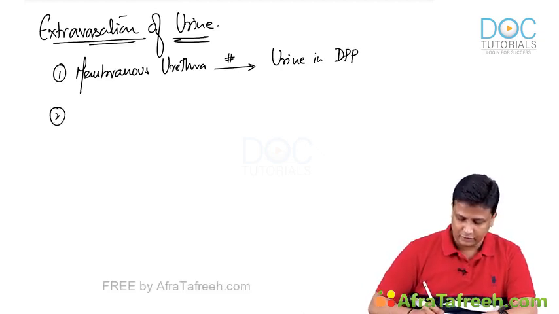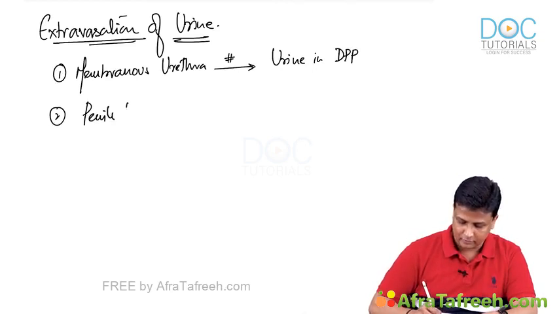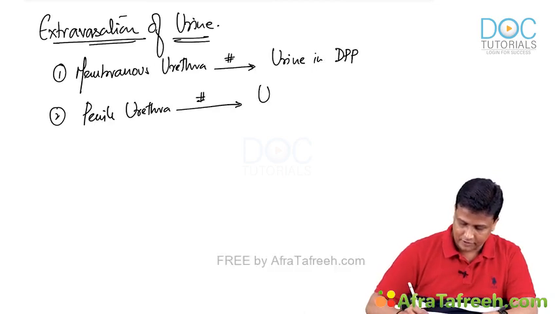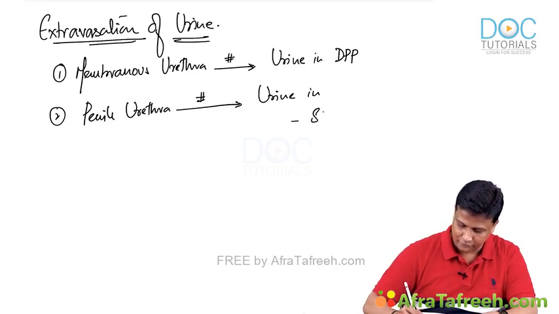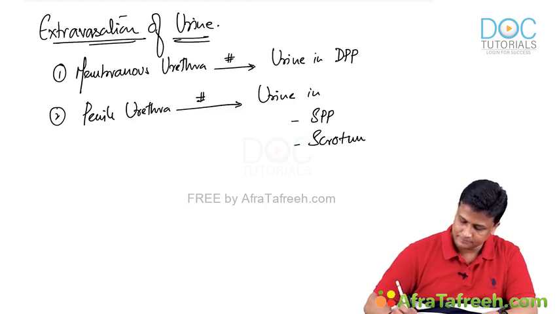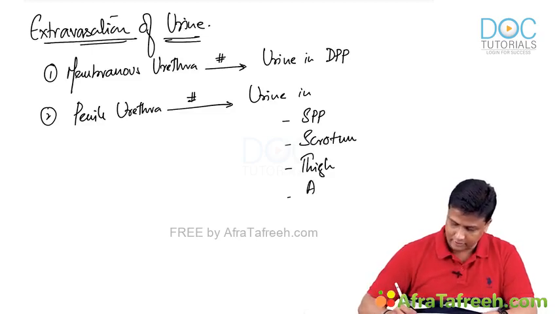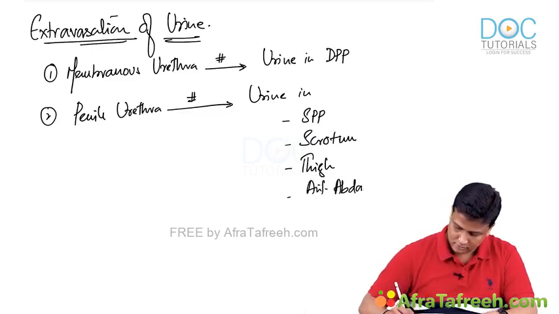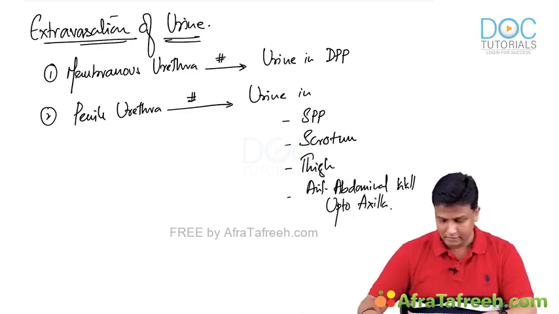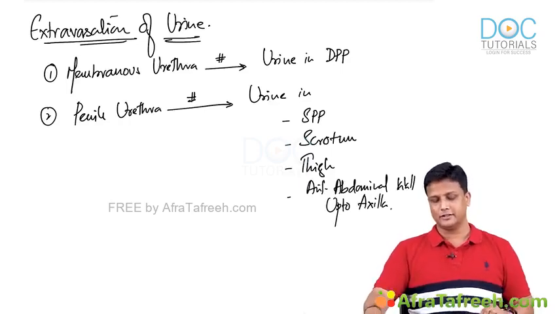And if there is a rupture of the penile urethra, then you'll be seeing urine going into various structures. So urine will be seen in the superficial perineal pouch, in the scrotum, and even in the thigh up to Holden's line. And then it will also be seen in the anterior abdominal wall up to the axilla.